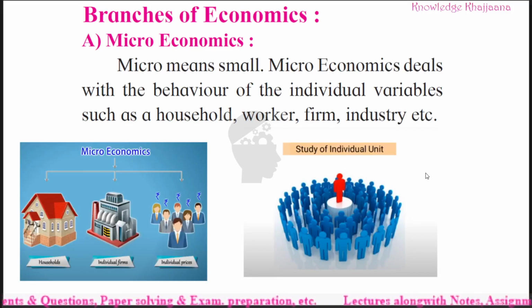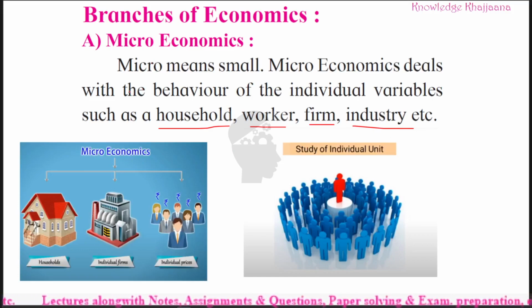See, there are 2 branches of economics. First is microeconomics and second is macroeconomics. But currently we are learning microeconomics. Micro means small. So, microeconomics deals with the behavior of individual variables such as household, worker, firm, industry, etc. What does it learn? It learns the behavior of individual variables.